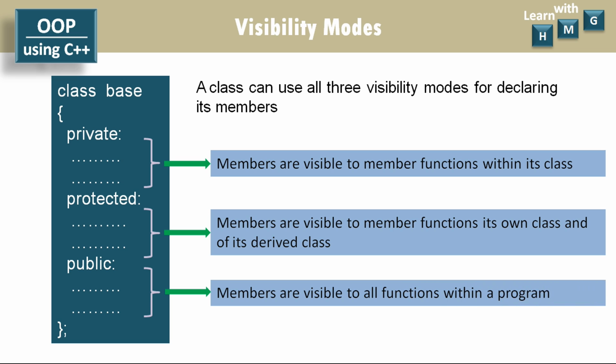So outside the class, whichever function you are using or calling, in all these functions these public members are accessible or visible. So this is the difference between private mode, protected mode and public mode, which are used for declaring the data members or member functions within the class.